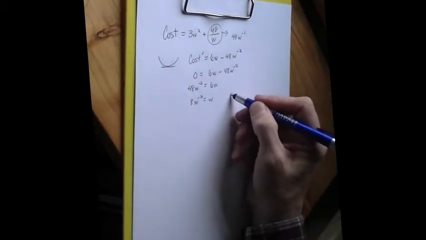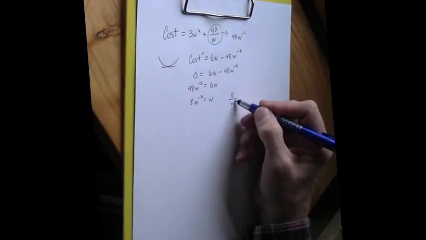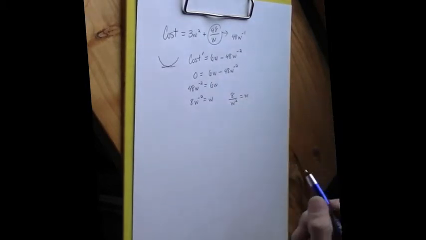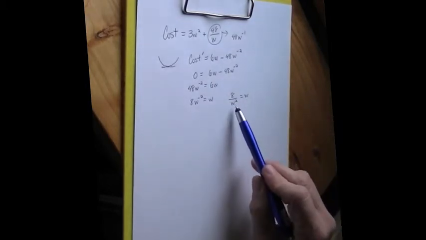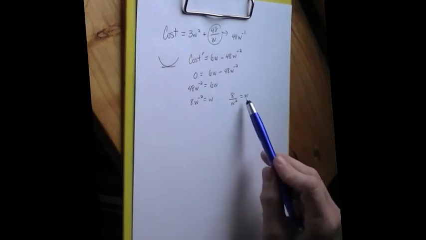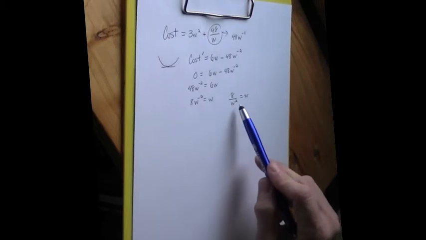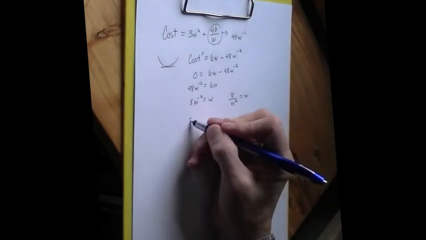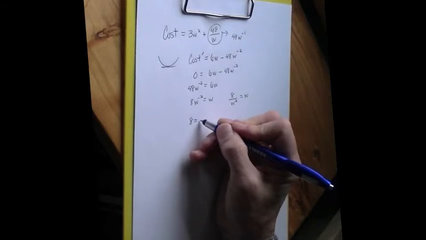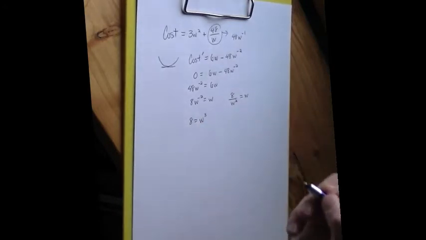And you might want to actually rewrite that negative power back in fraction form when we solve the equation. It might make a little more sense when you're solving the equation. I'm going to actually multiply both sides by w squared, because then we get the nice equation 8 equals w cubed.